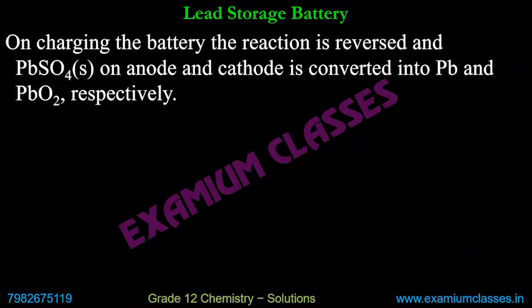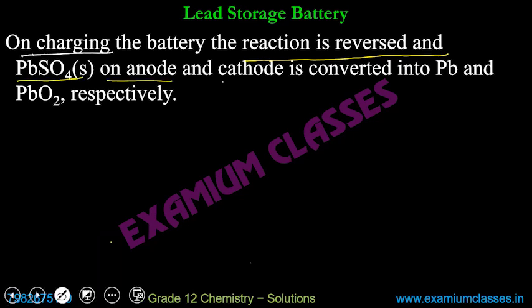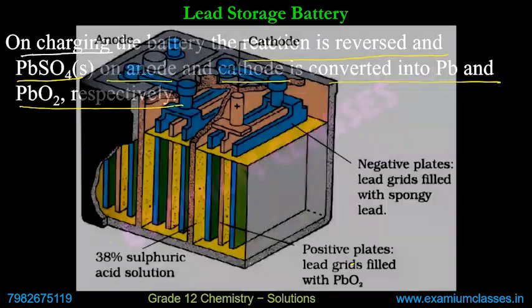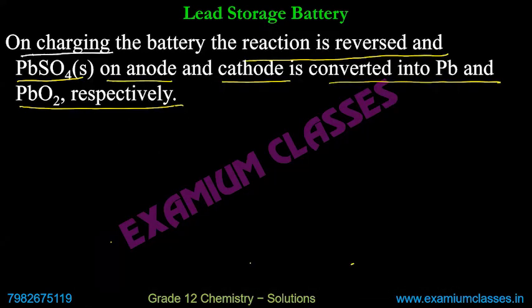On charging the battery, now I'm talking about when we are doing the reverse. On charging the battery, the reaction is reversed and PbSO4 on anode and cathode is converted back into lead and lead dioxide. Reverse reactions will take place.